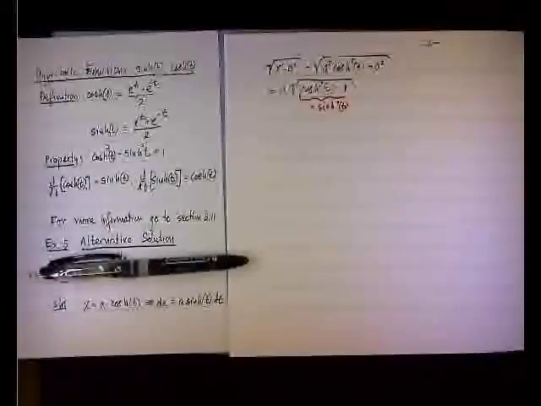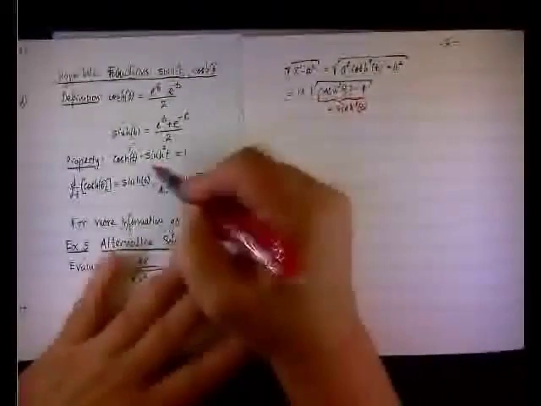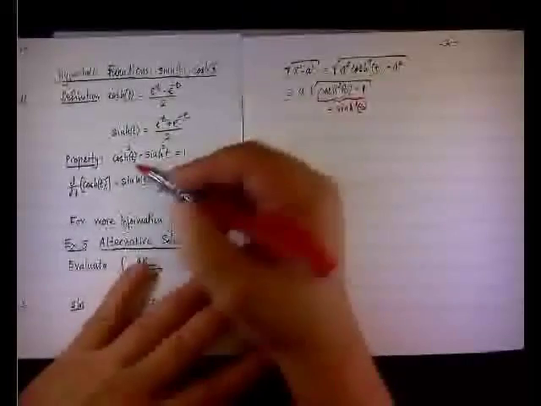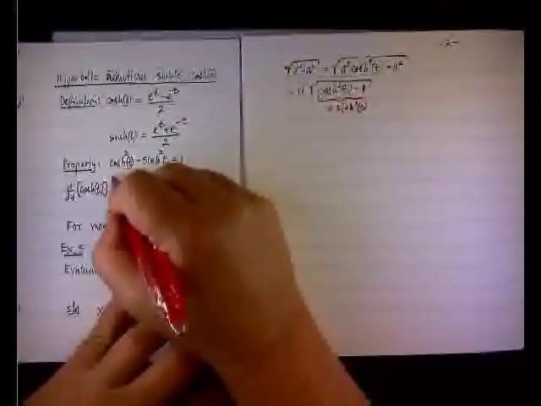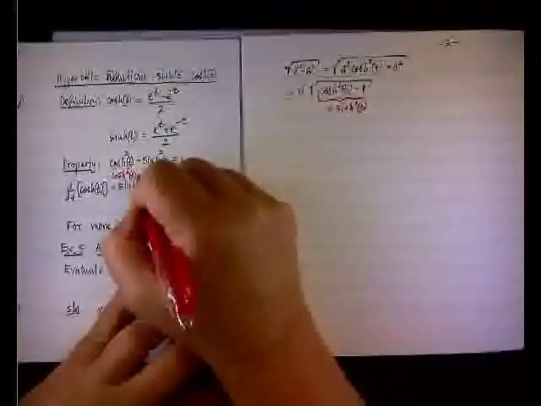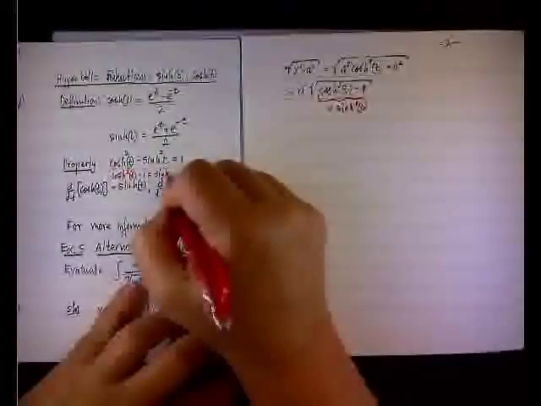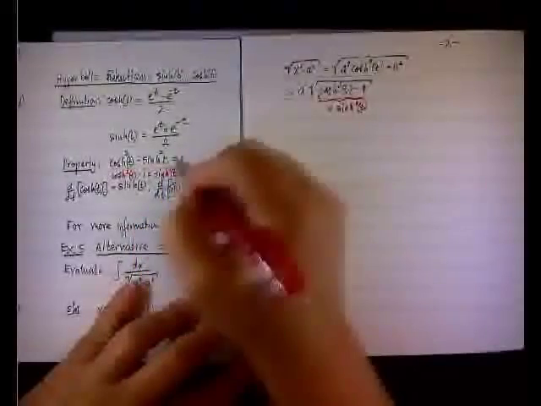And the reason being, again, if you solve, cosine hyperbolic squared t minus 1 equals the sine hyperbolic squared t, like so.